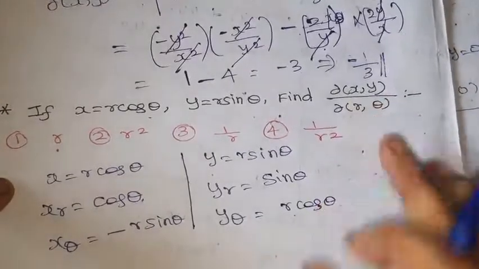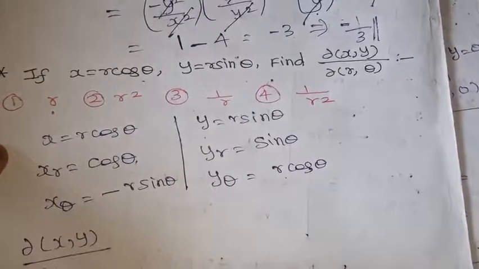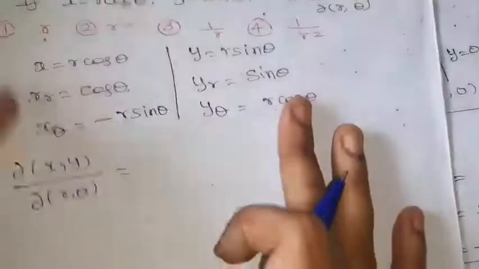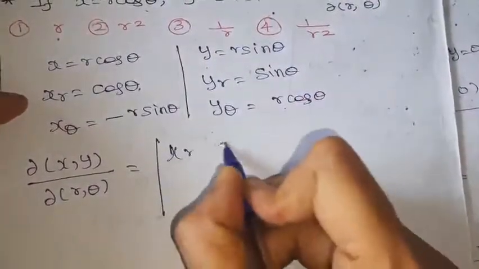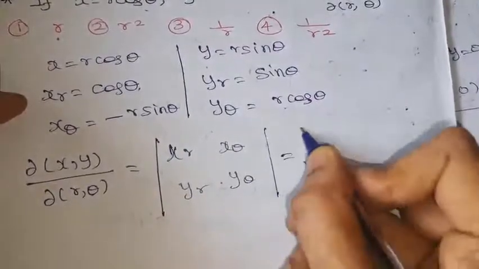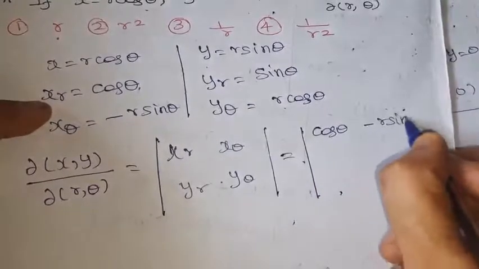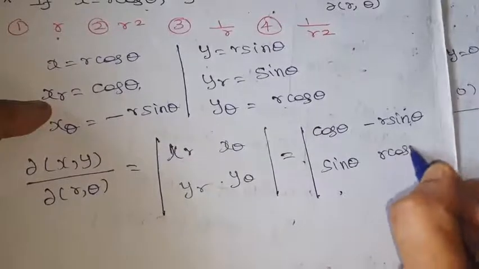Then ∂(x,y)/∂(r,θ). So write it down in the matrix: x_r, x_theta, y_r, y_theta. So cos theta, minus r sin theta, sin theta, r cos theta.